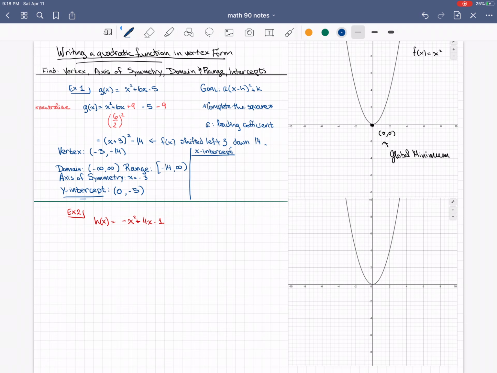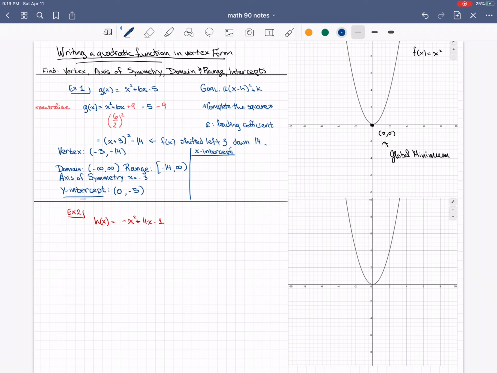It could cross it just once, like we see here with the function f of x equals x squared, or it could cross it not at all, if it's just floating above the x-axis like this, or it could cross it twice, which is what's probably going to be most common for us. So in this instance, we're going to be setting the function to 0 to see where the x-intercepts occur.